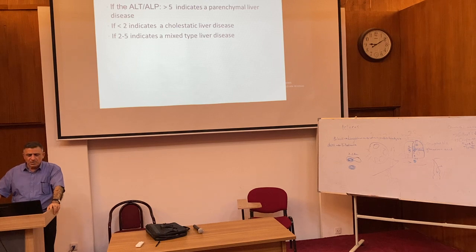As a general rule, if ALT is raised more than ALP, this indicates parenchymal liver disease, hepatocellular. If ALP is raised more, this indicates cholestatic liver disease. If both are raised, it is a mixed type of liver disease.